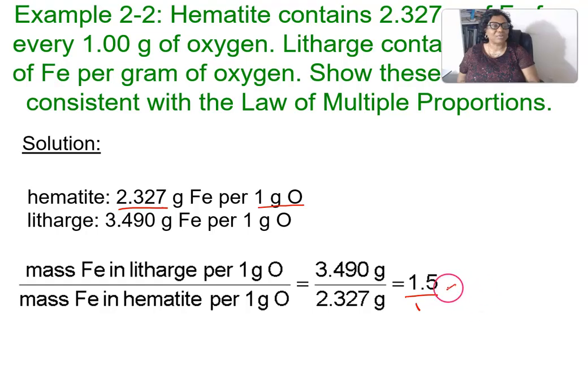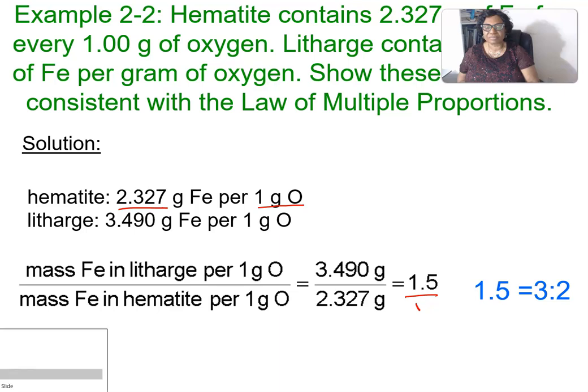So multiply all of this by 2, and we are going to have 3:2, because we want whole numbers. So that's what you see, 3:2. That's how they got it.